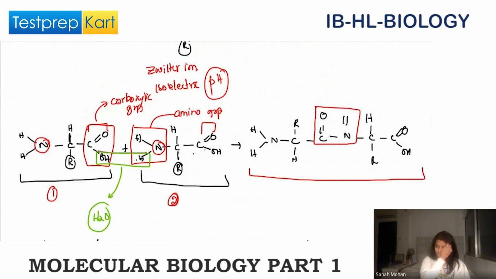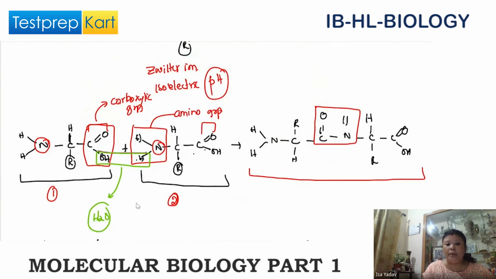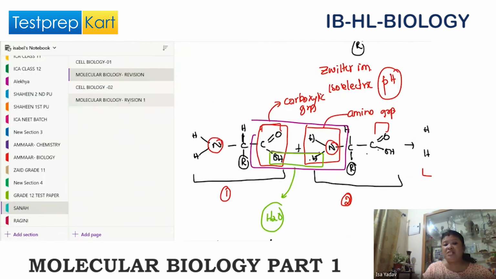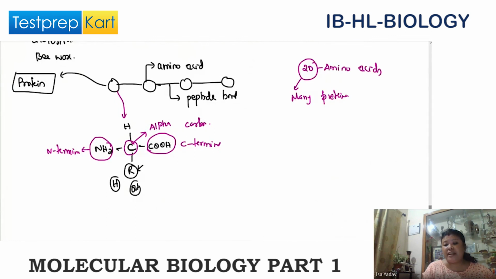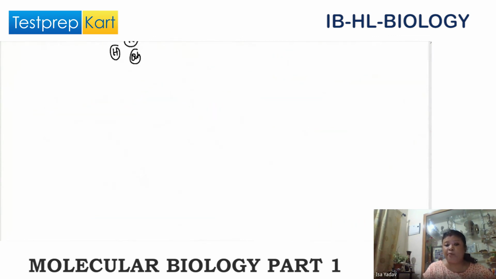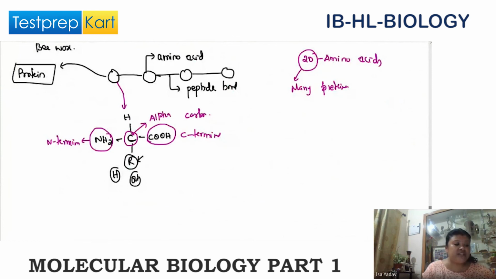Yes, I told you about the formation of what bond? Peptide bond. See, this is the formation of the peptide bond. This is a peptide bond. So refer to the previous notes also that I had given in the previous revision class.